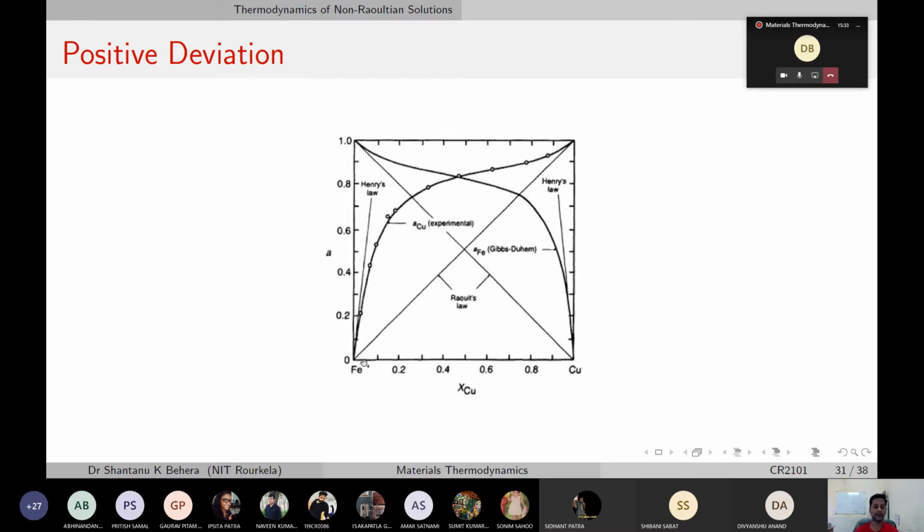Here about also 5% copper in iron. Right. So these are the two examples, and you could actually find many such examples in the literature. Actually, it is difficult to find examples of Raoult's law, but it's kind of easy to find examples of solutions that could show either positive or negative deviation.